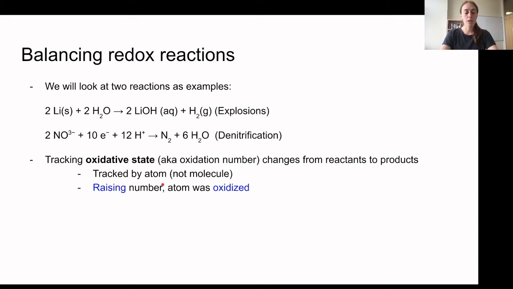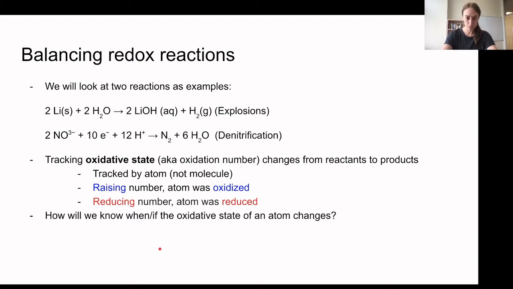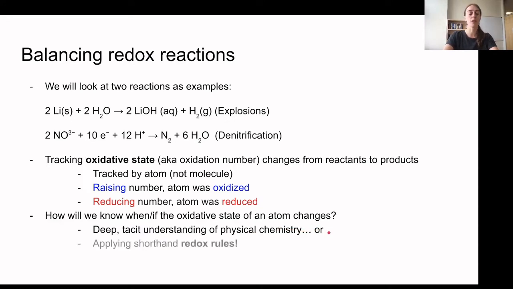Raising the number of an individual atom means that it was oxidized, and similarly, if we reduce the number, the atom was reduced. So how do we know if and when the oxidation state of an atom changes? Well, if we have a deep understanding of physical chemistry, we would inherently know, or we can apply redox rules. So we're going to step through those redox rules now.